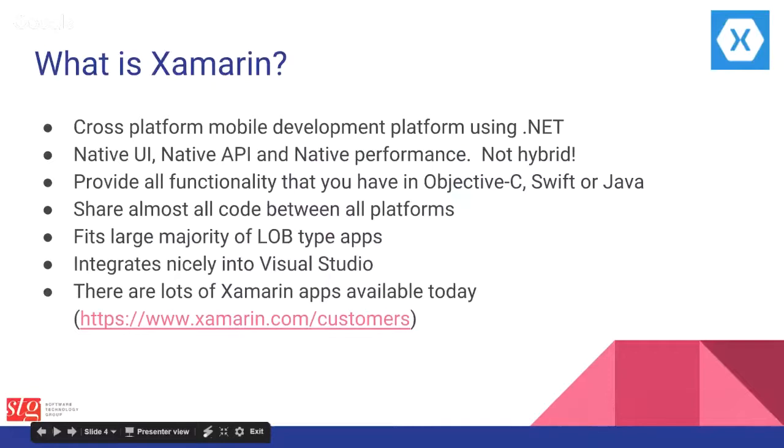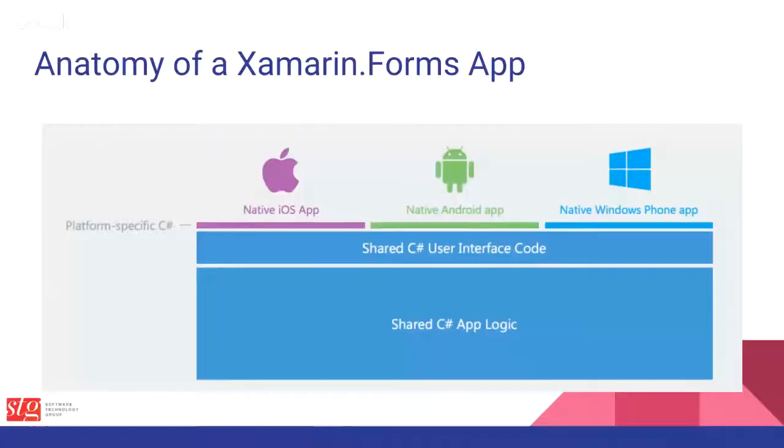So in Xamarin Forms, you actually share all of your UI code between all the platforms. And Xamarin Forms is smart enough to use the native controls on each individual platform. So you build your UI in XAML. If you're familiar with XAML, it's almost the same as WPF. There are some differences.